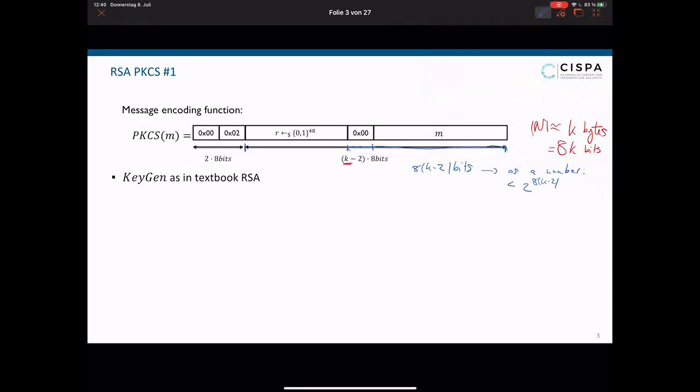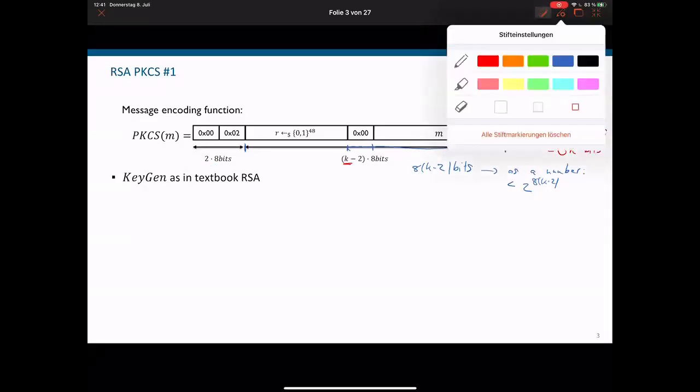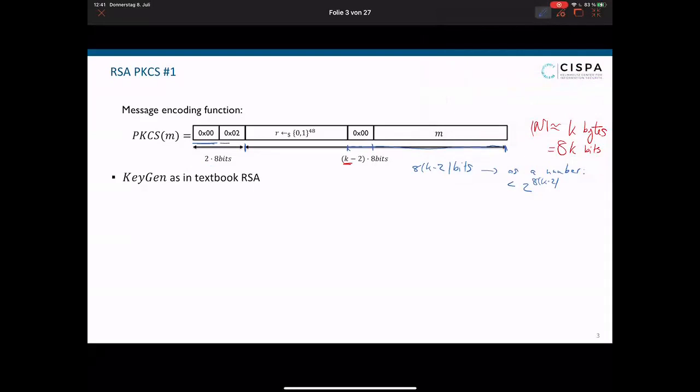So some engineers thought, for whatever reason, to give maybe some well-formedness guarantee of the encrypted message, that the highest bits of this encoding should first be a byte of zeros, 8 0 bits, followed by a binary encoding of 2. This is a byte encoding the number 2.